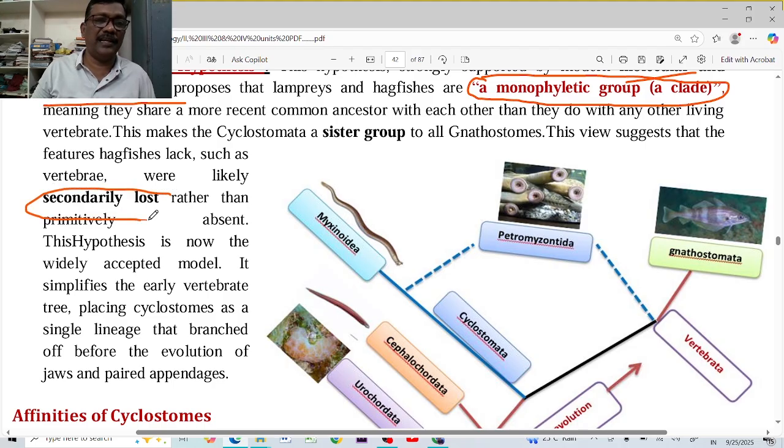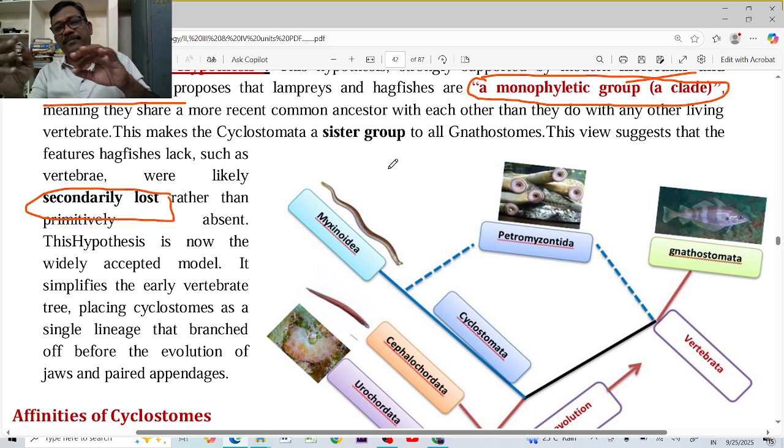Primarily, they too had a vertebral column in their body, but later it was lost. Either the vertebral column is present in the myxine at their embryonic development, or it may be at some stage in the life cycle. But at the adult stage, it lost its vertebral column from its body. That is not primary loss, that is secondary loss.